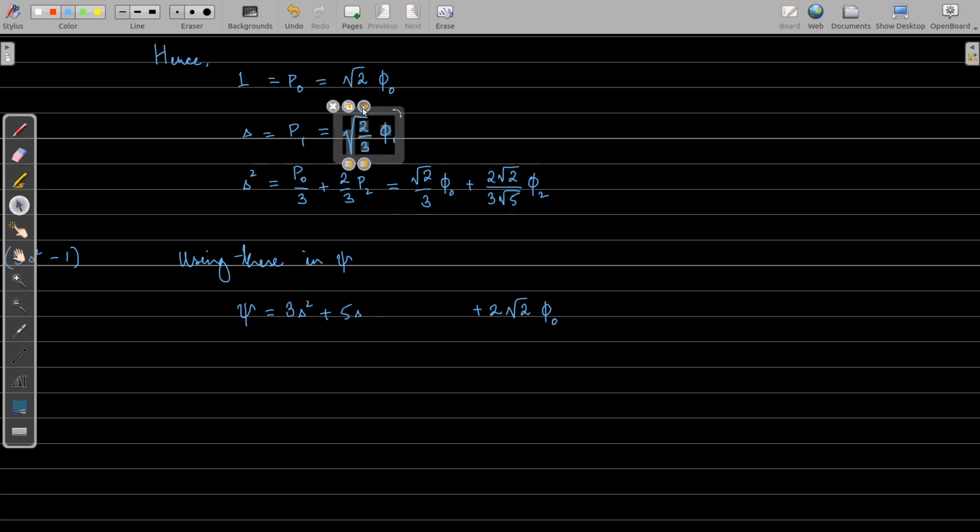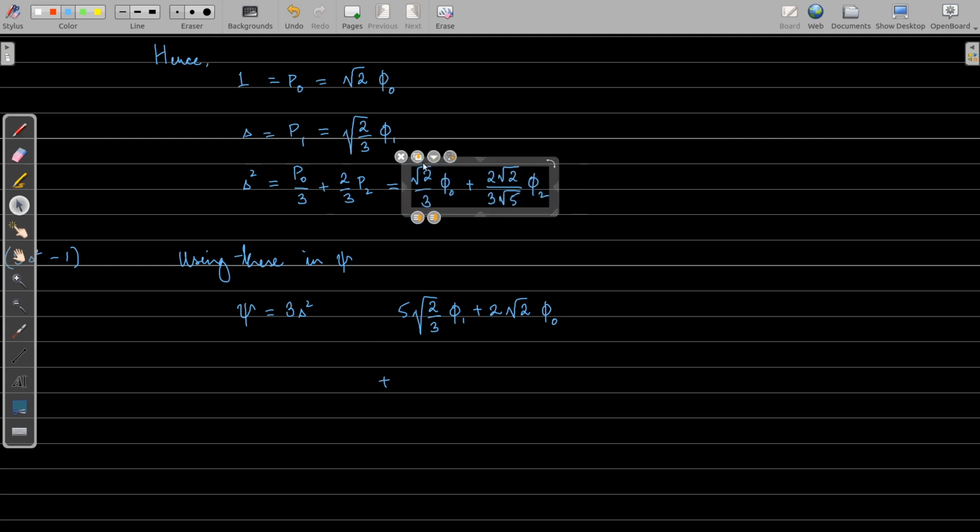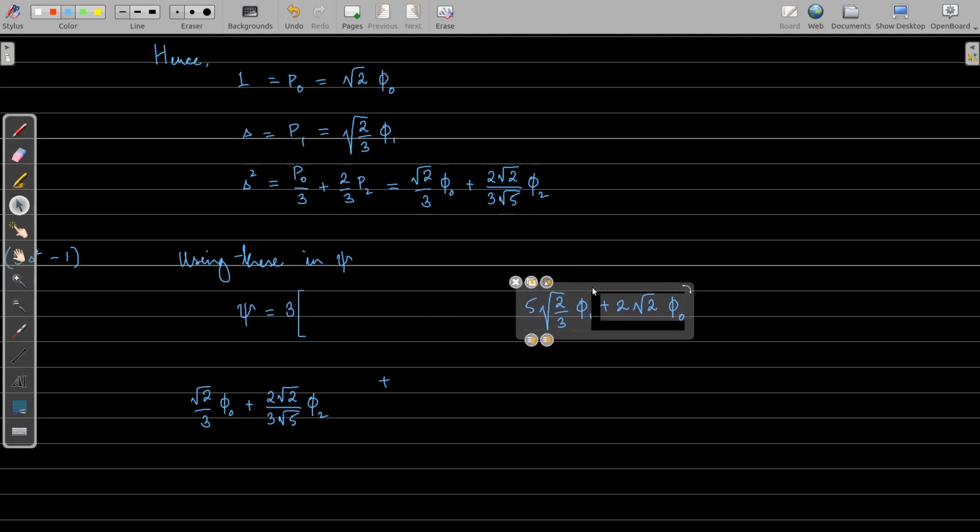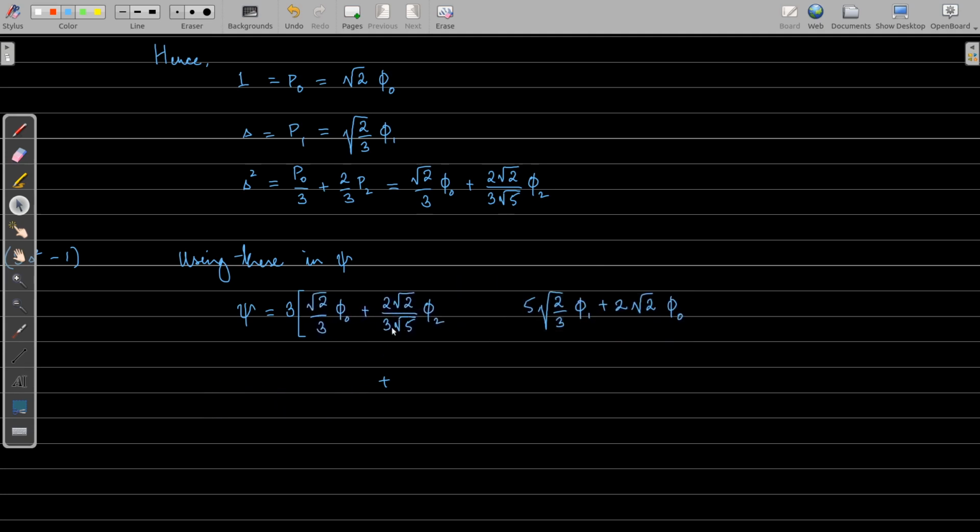S is root 2 by 3 phi 1, so 5 into root 2 by 3 into phi 1. Then we have s square, and what is s square? S square is this. So we have 3 times this entire thing.